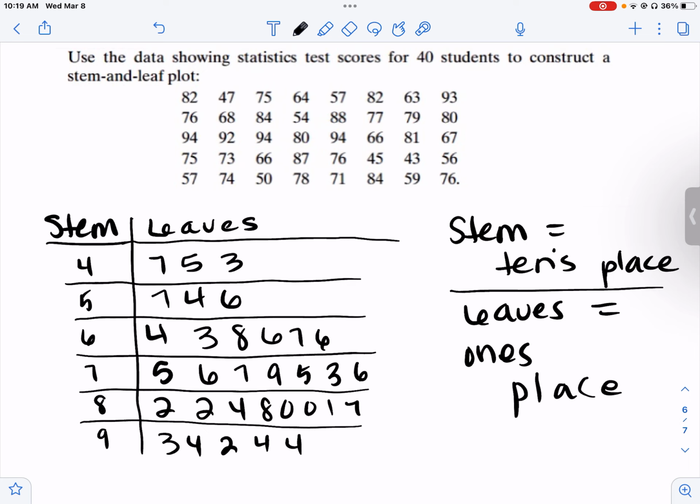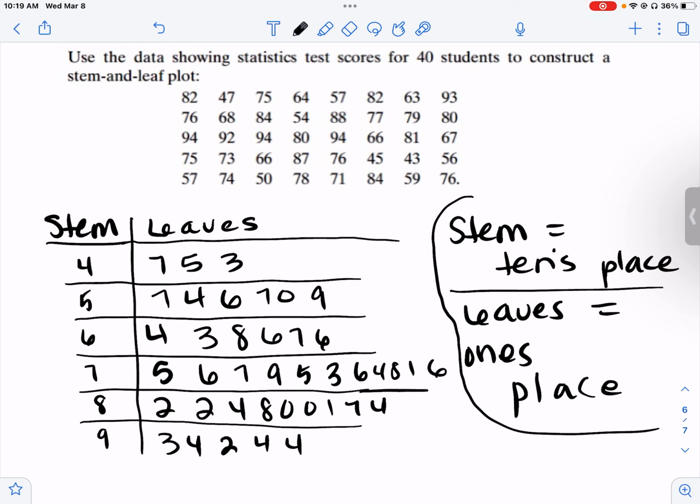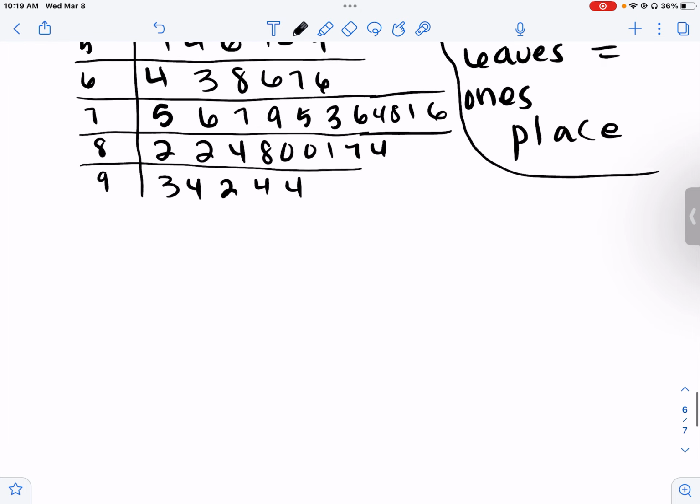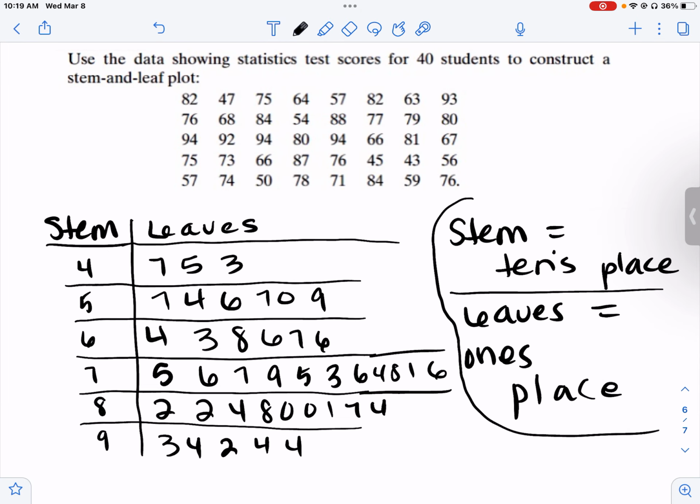Our last row, 57, 74, 50, 78, 71, 84, 59, 76. So you can see most of the numbers are in the 70s. The least amount of numbers are in the 40s. That is the end of this lesson.